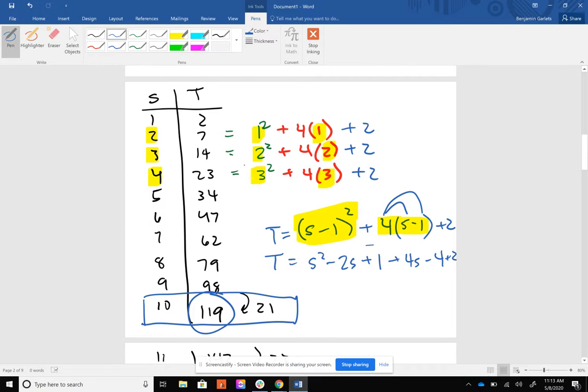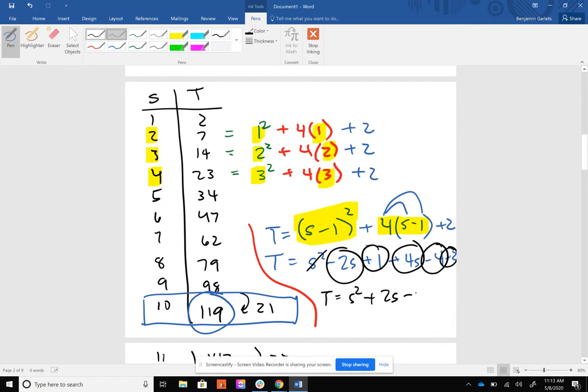Now we're going to combine like terms. So t is equal to s squared, my only s squared term, and then I've got plus 4s minus 2s, so that's plus 2s. And then I've got minus 4 plus 2 plus 1, which ends up being minus 1.